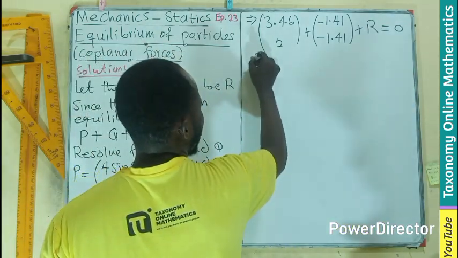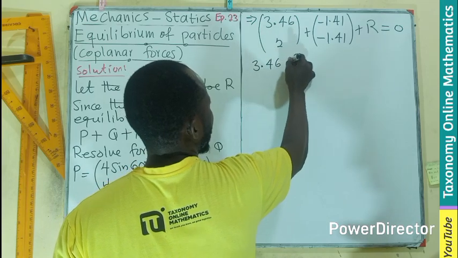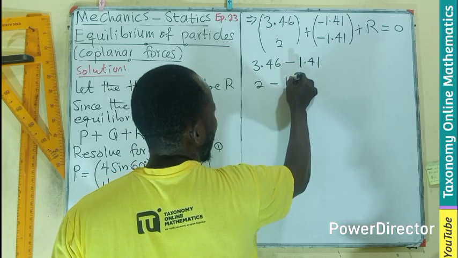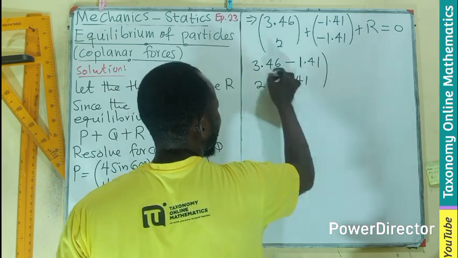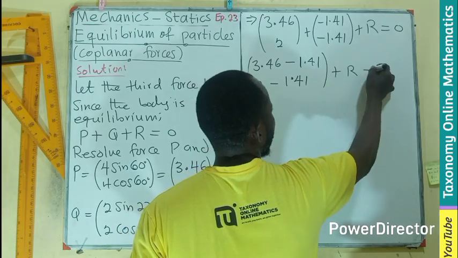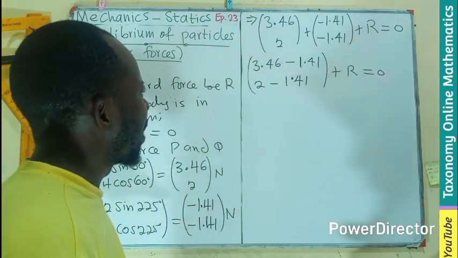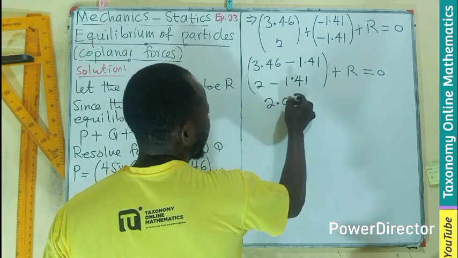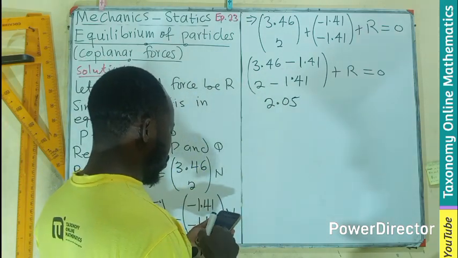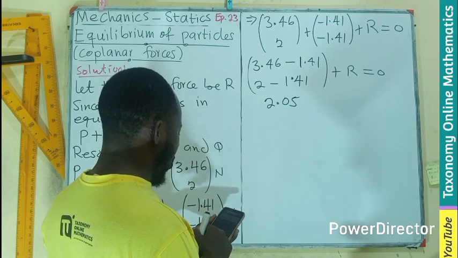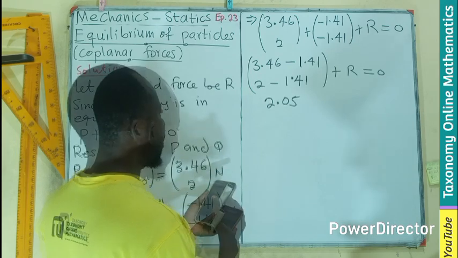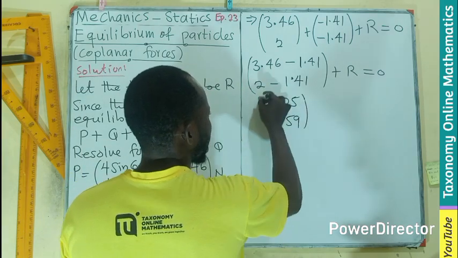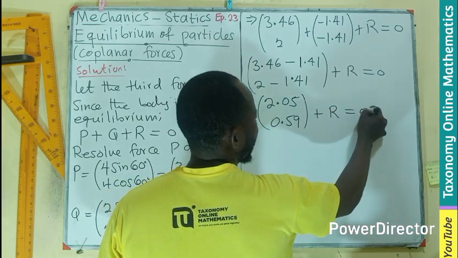So fast forward, 3.46 minus 1.41, 2 minus 1.41, all this plus R equals 0. If you subtract that, that should be 2.05, then 2 minus 1.41, that one should give us 0.59. All this plus R equals 0.